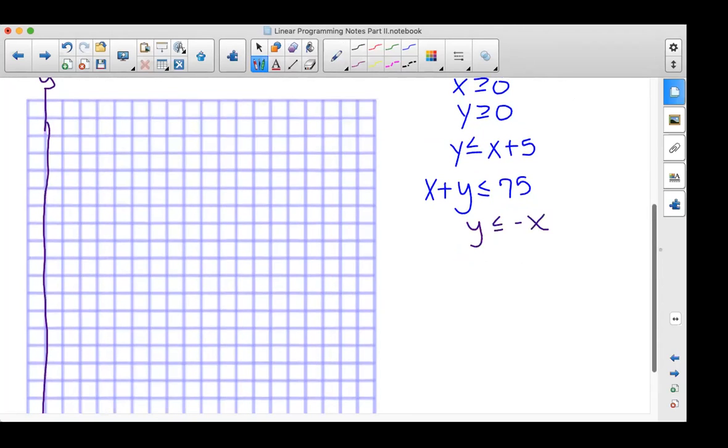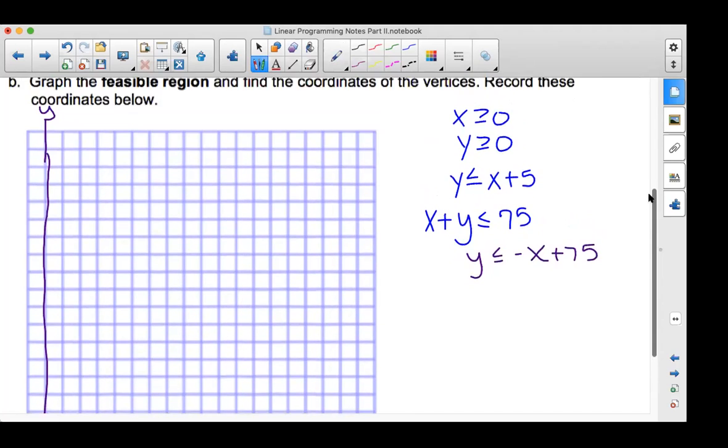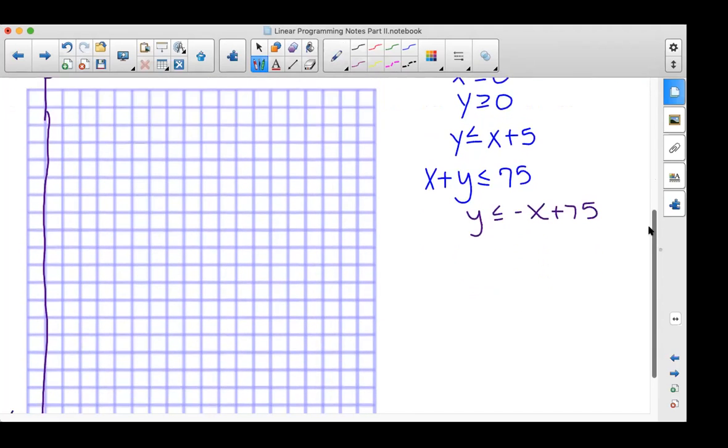And this inequality would be negative x plus 75. So I know everything has to be above the x-axis and everything has to be to the right of the y-axis because of those first two. So x greater than or equal to 0, y greater than or equal to 0.